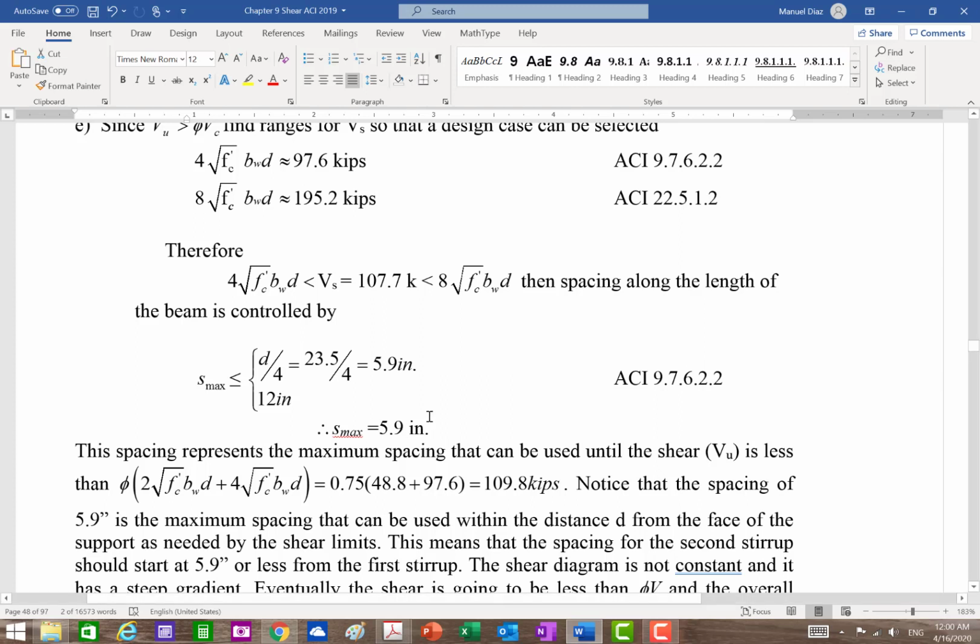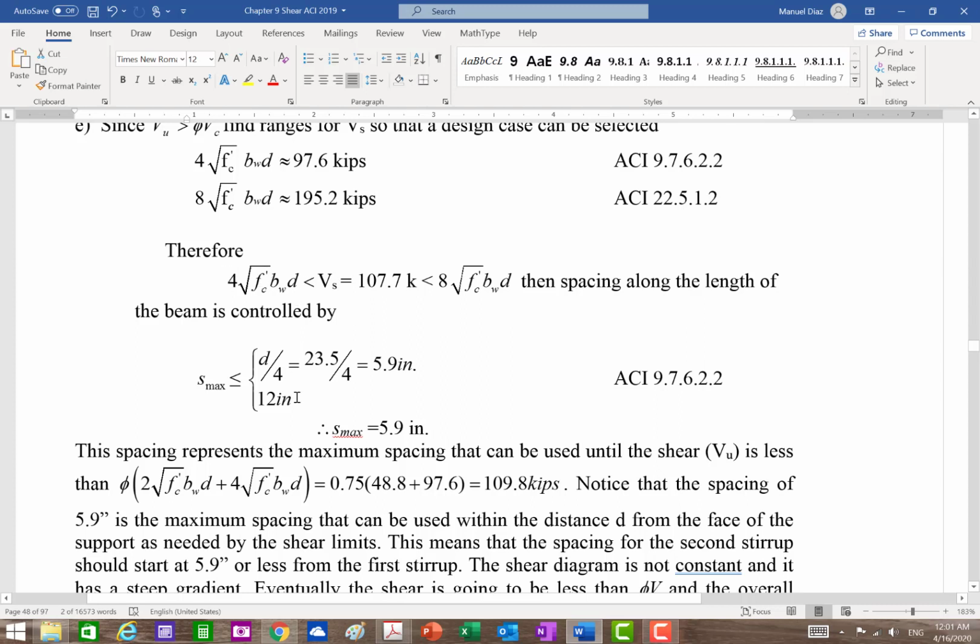So this is valid as long as our shear is higher than this value plus the concrete strength.